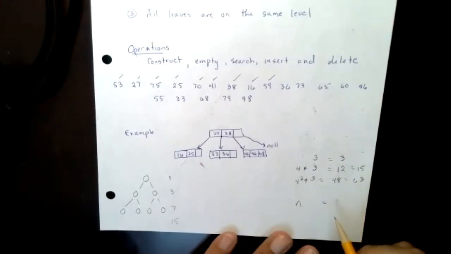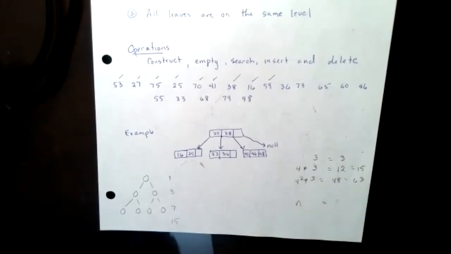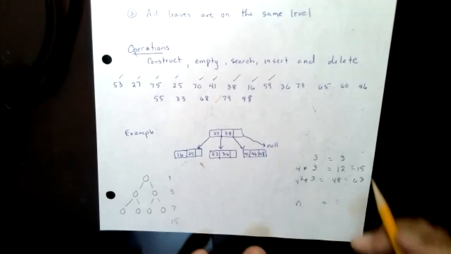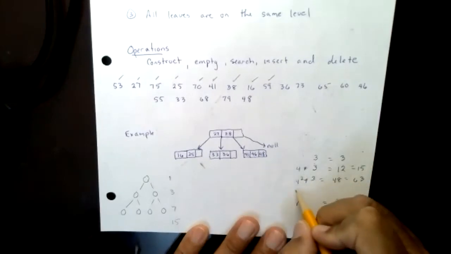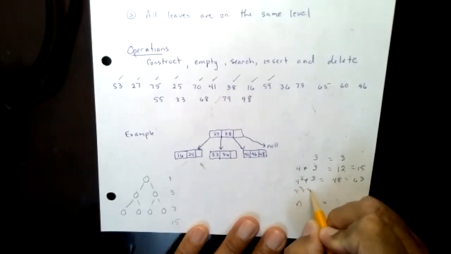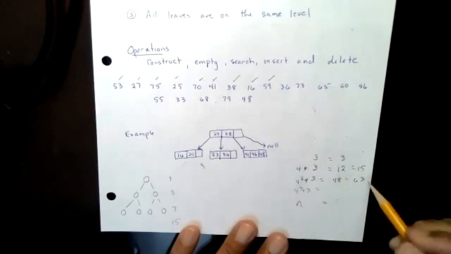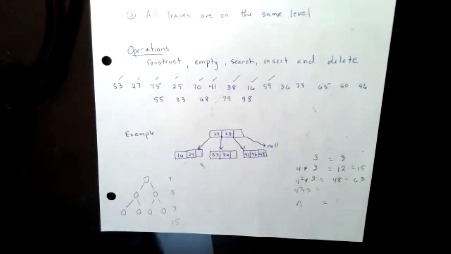The nth row, how many total items could I store? 192 plus 63, right? So here you're going 4 cubed times 3 equals something, and then add it to 63.